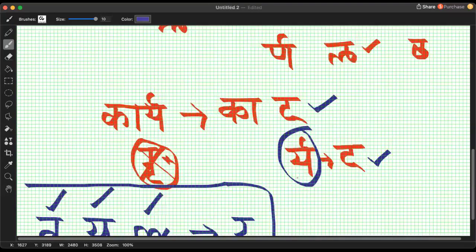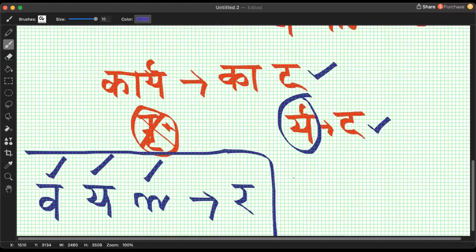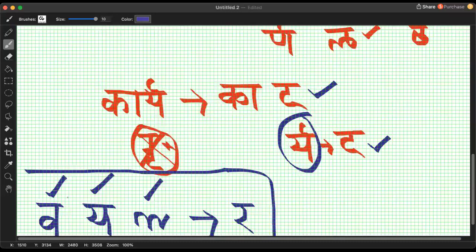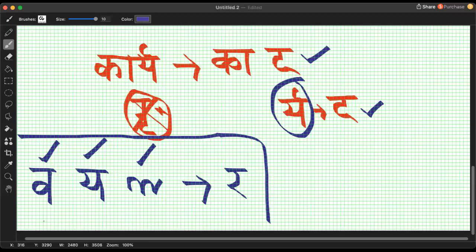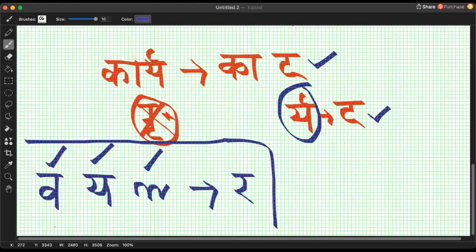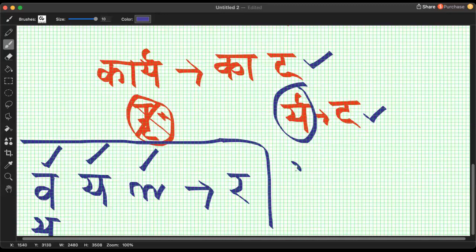If you're writing earth, and even for th, I'll also include th here, because the form changes. So these four alphabets, v, y, n, and th, if you're adding ra, say you want to write artha, you can see my screen, right?